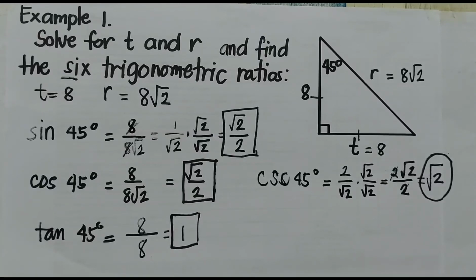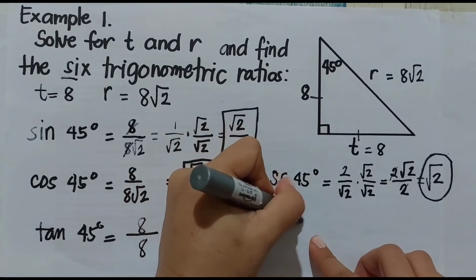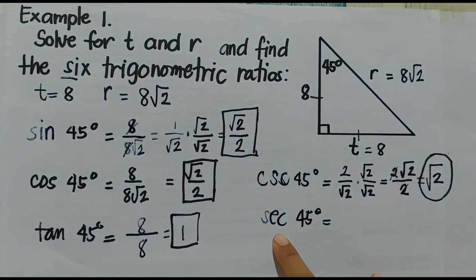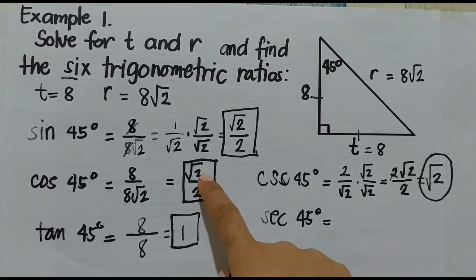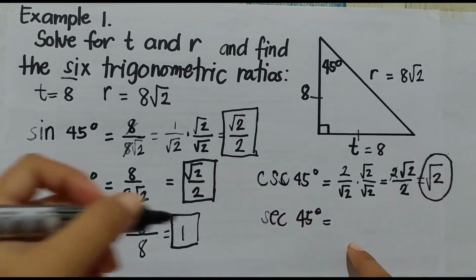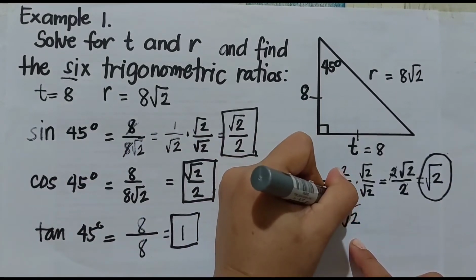What about secant 45 degrees? Secant is the inverse or reciprocal of cosine 45 degrees. So, still, as you can see, square root of 2 over 2 again, same as sine 45. So, meaning, secant 45 degrees is still equal to square root of 2.